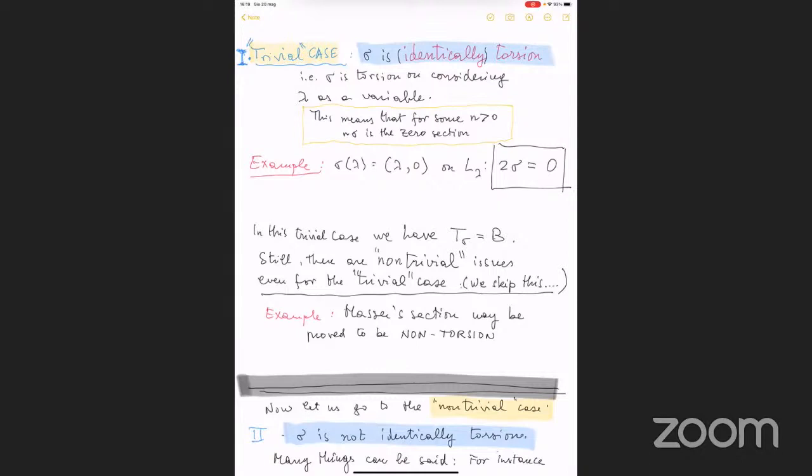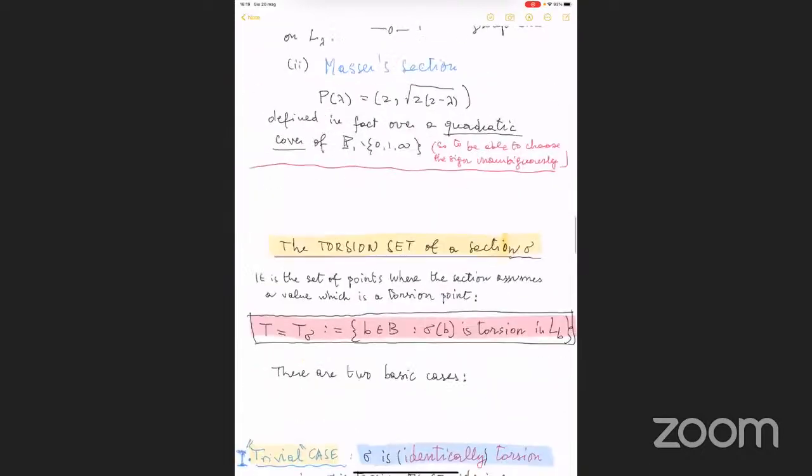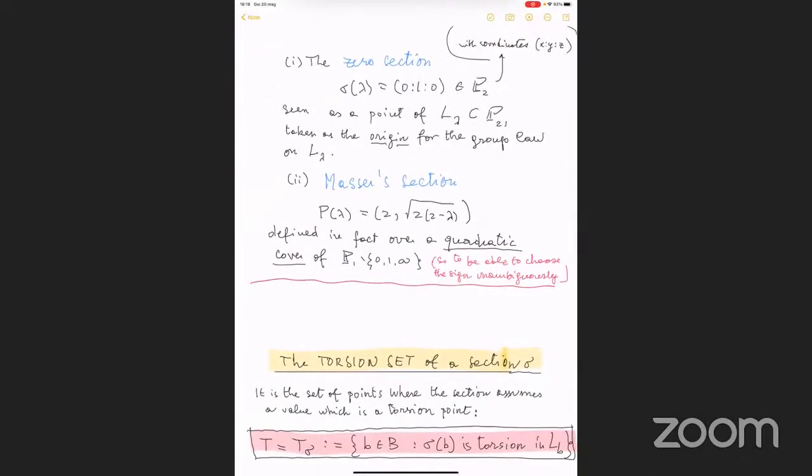And a remark is that, for instance, Masser's section, which is written here, may be proved to be non-torsion. It is not identically torsion. You see, to check that something is non-torsion, in principle, we have to compute infinitely many multiples.